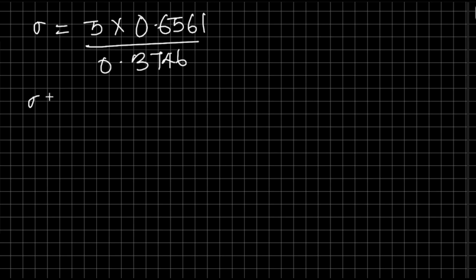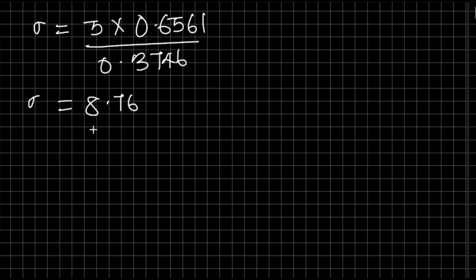So r equals 5 times 0.6561 divided by 0.3746, which is 8.76.